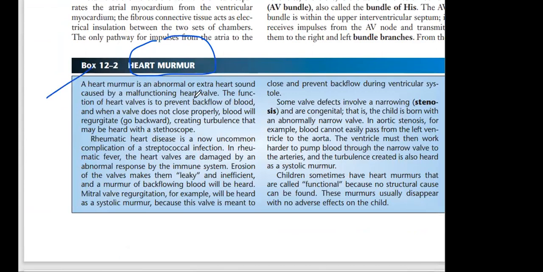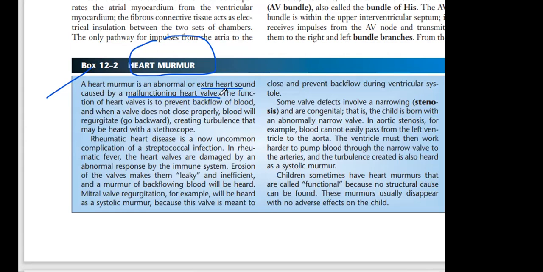A heart murmur is an abnormal or extra heart sound caused by malfunctioning of a heart valve. When any patient goes to a cardiologist, what will he do?